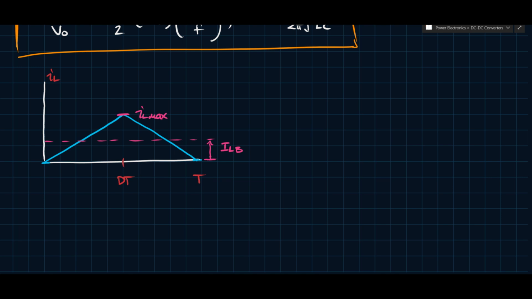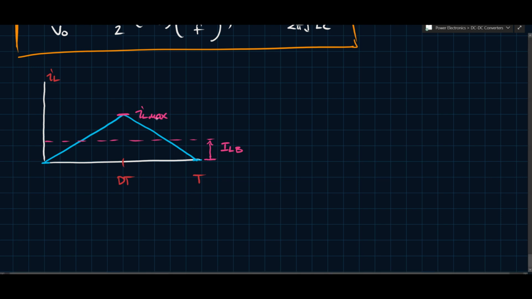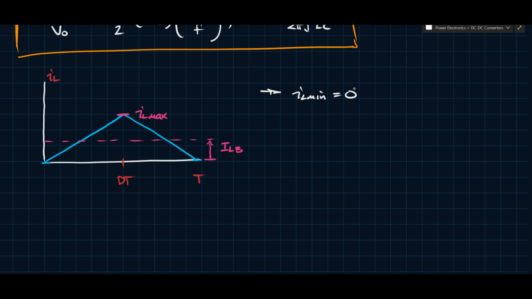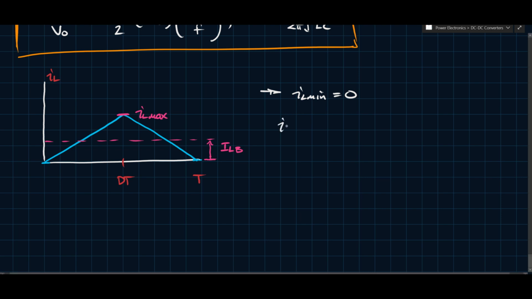So we know that IL max is something, and we know that IL min is also something. We have equations for both of them. But the boundary happens when IL min equals 0. And so if IL min equals 0, we want to know what is the average current that gives us IL min equaling 0. The equation for IL min that we had above was IL min equals IL minus 1/2 delta IL, right?